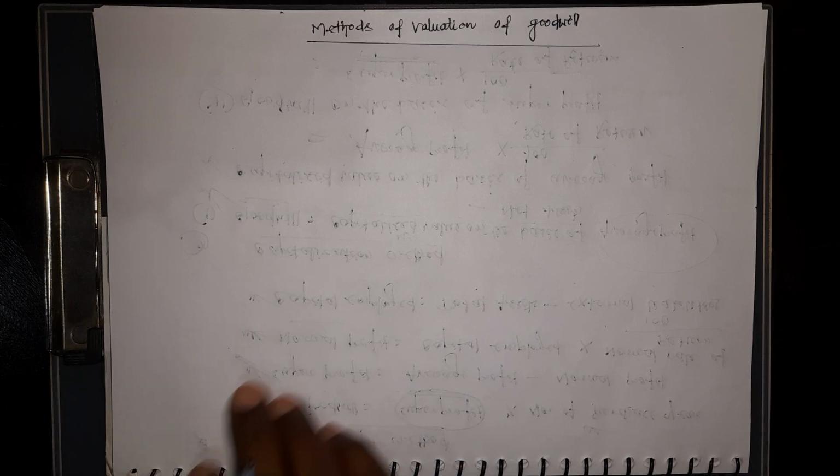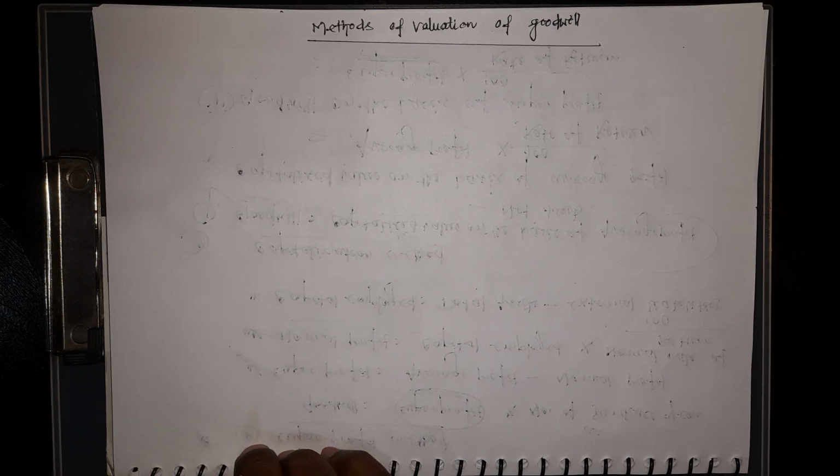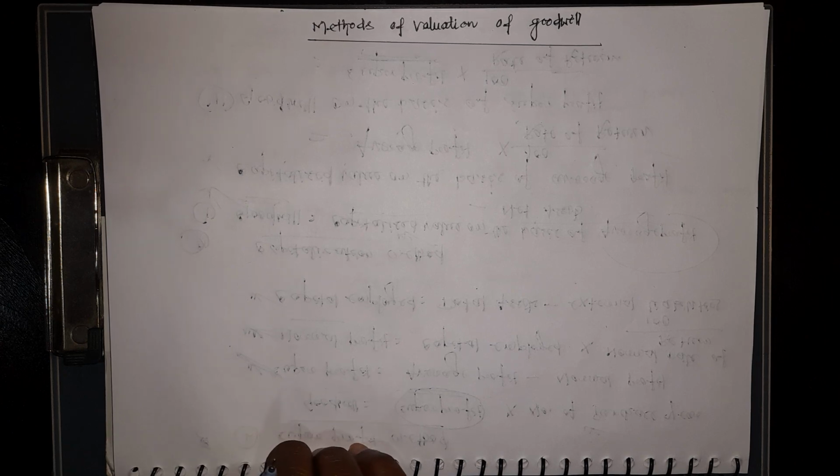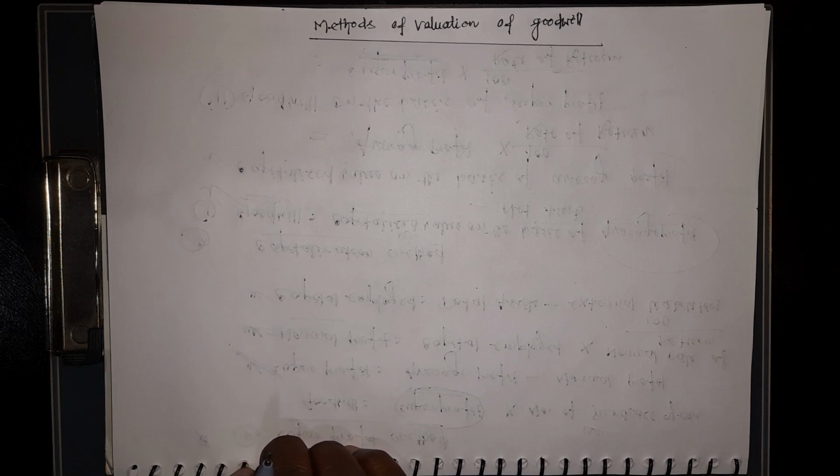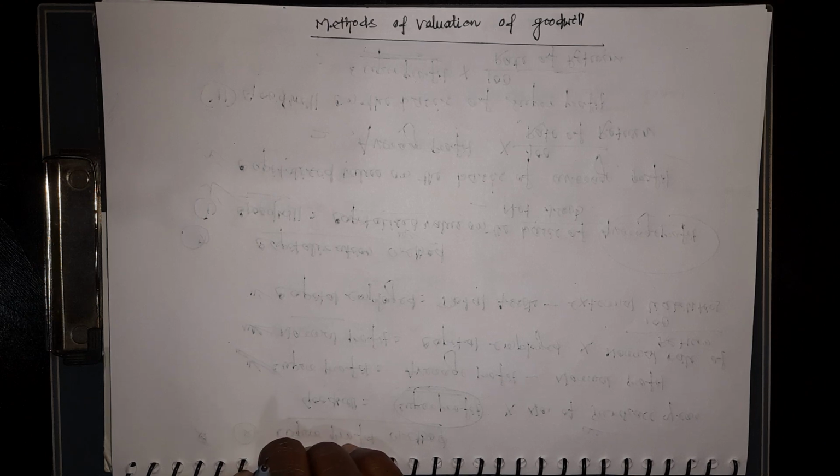And last video I told you goodwill is calculated on the assumptions of the valuer. How the valuer calculates the goodwill, from which angle he is going to calculate it. So there are three methods.